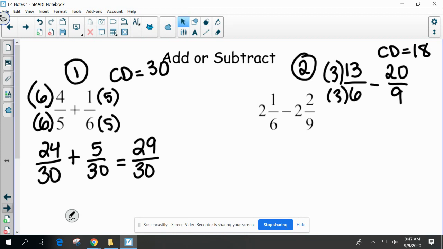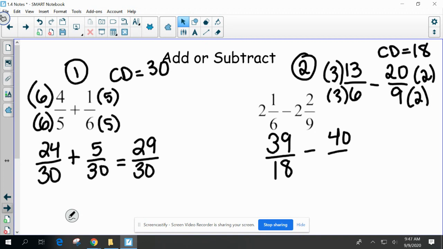And what's that going to change to? What over what? 39 over 18 minus, and then I need to get my 9 to be 18. Multiply the numerator and denominator by 2. So I would get 40 over 18.